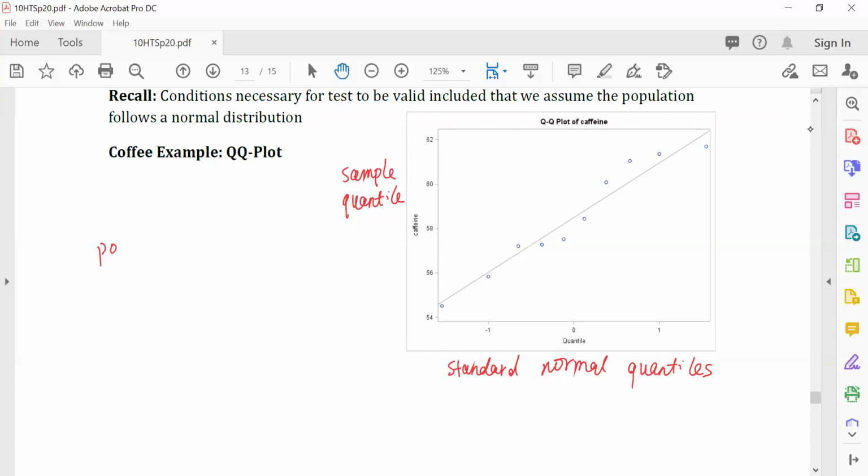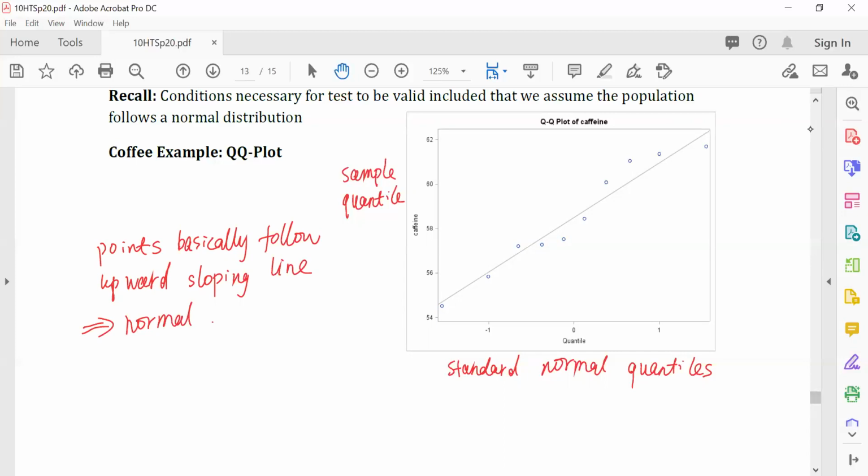So, if the points basically follow an upward sloping line, that means the normal assumption is reasonable.